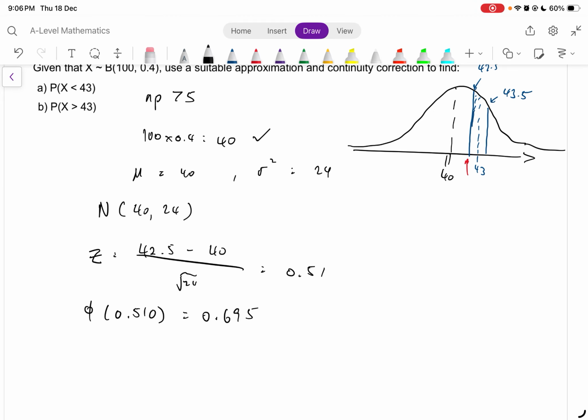That's for question A. For question B, since we are looking for bigger than the region, we have to use the upper one, which is 43.5.